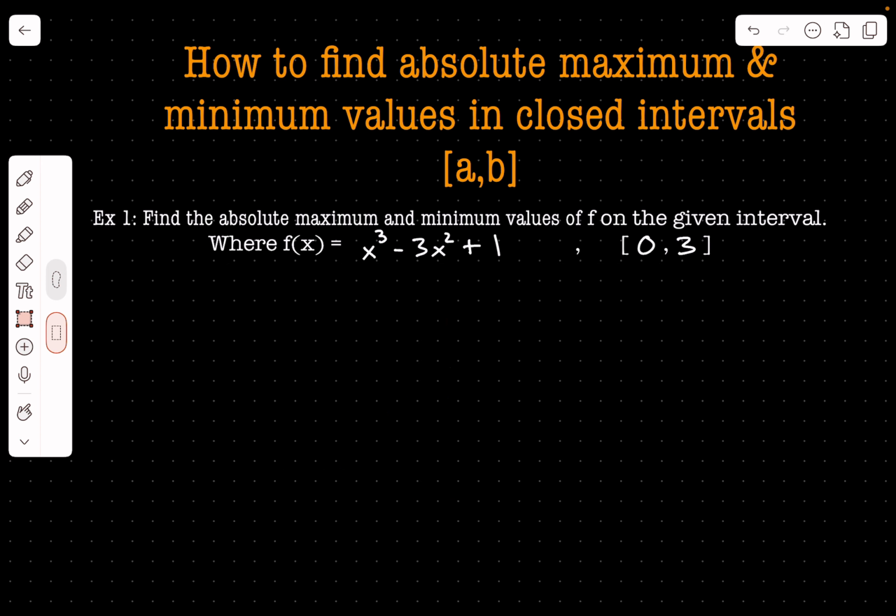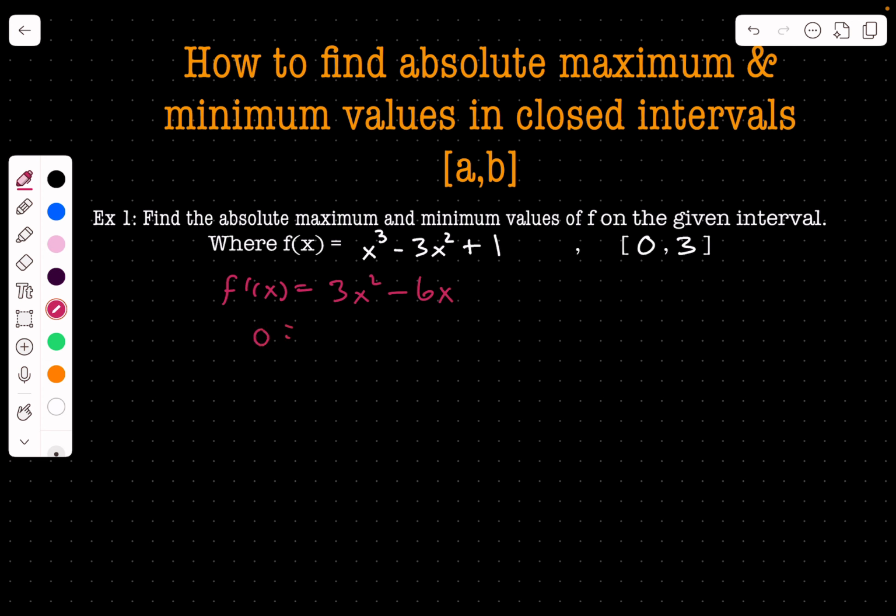So what's the first step? Well, it's finding the derivative. We're going to find our critical values. And to do that, like I said in the last video, we must first find the derivative of our function. The derivative of this function is 3x squared minus 6x.